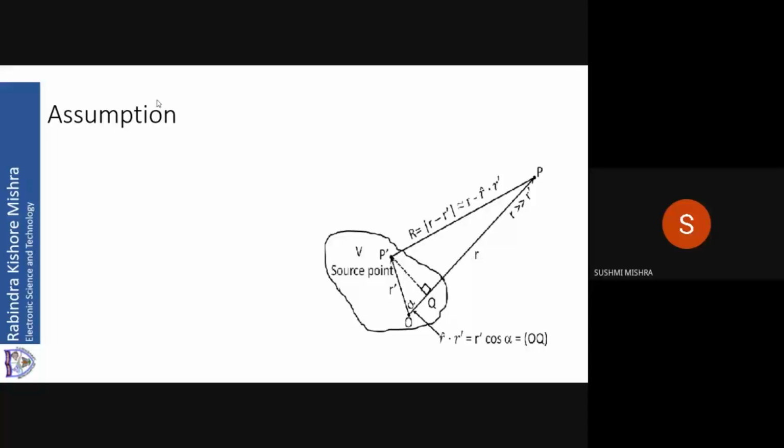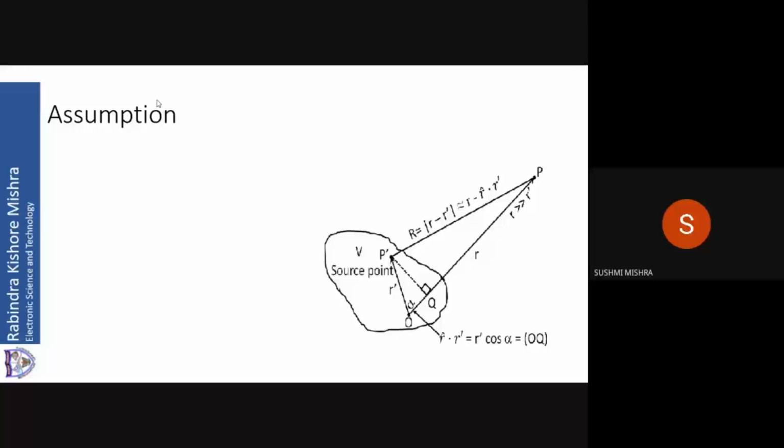In this, we assume that little r is much greater than little r dash. Then we find the distance between P dash and P, which is the distance between the source point and the observation point. The observation point is also called the far field point.